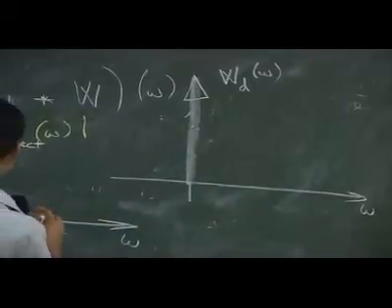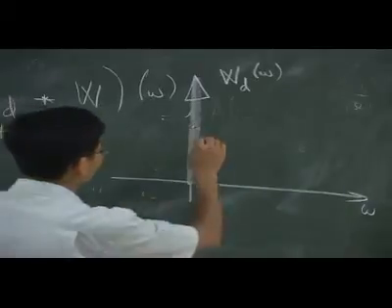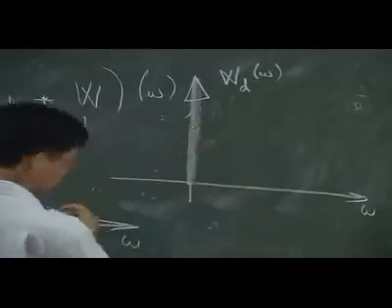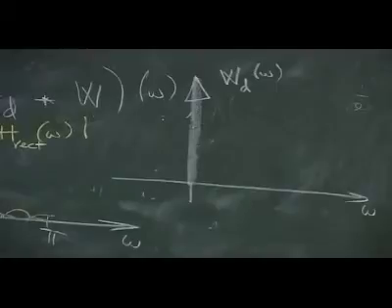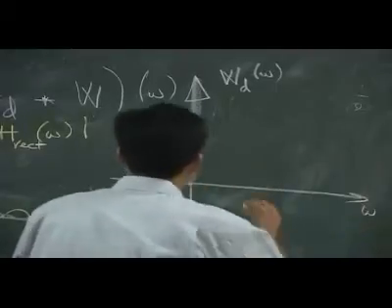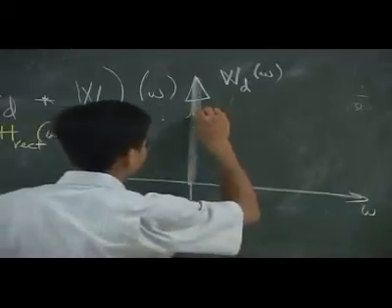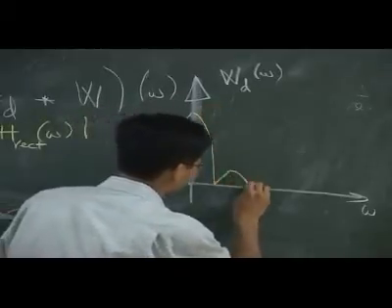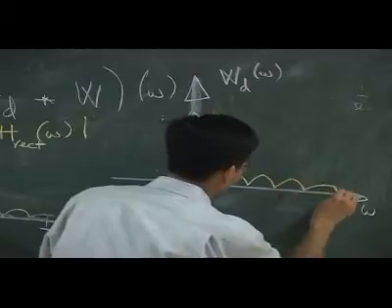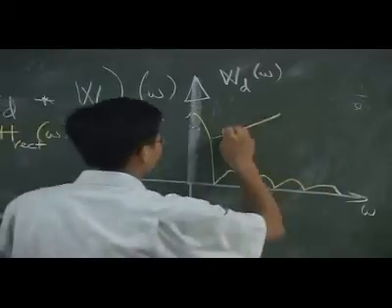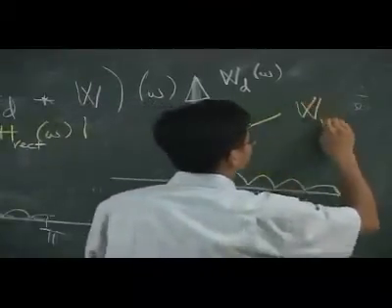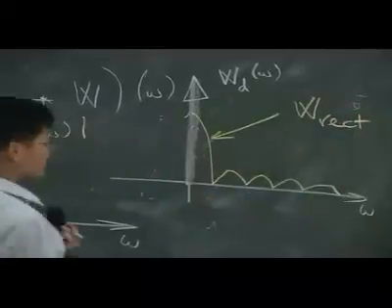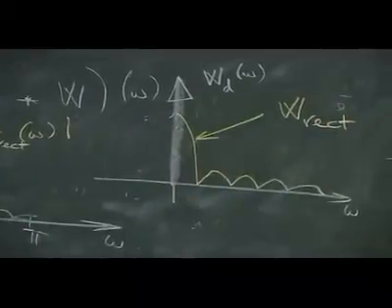The rectangular window, what color do I use? I use yellow, so it has something like this. You're going to be going down here, but you're going to wiggle. So that is the W of the rectangular window. Okay, so that's why you see those wiggles here, when you convolve the two things.